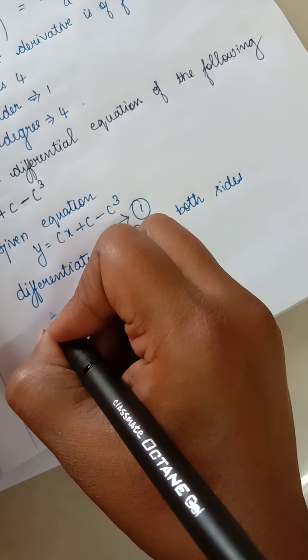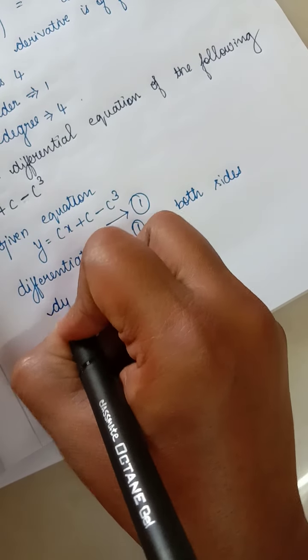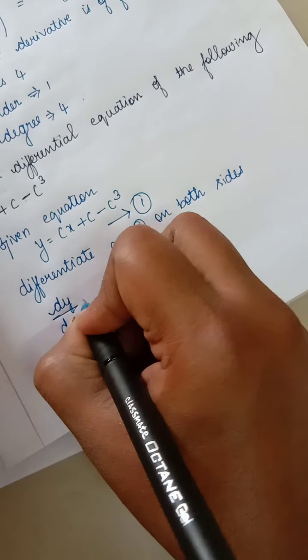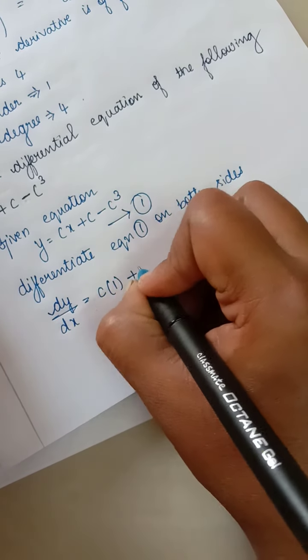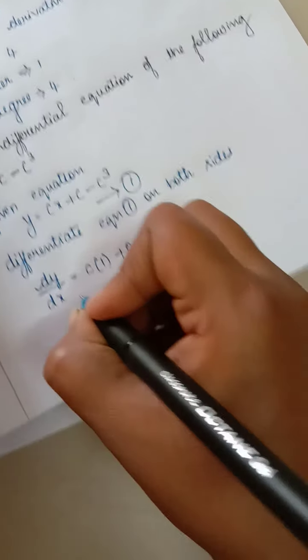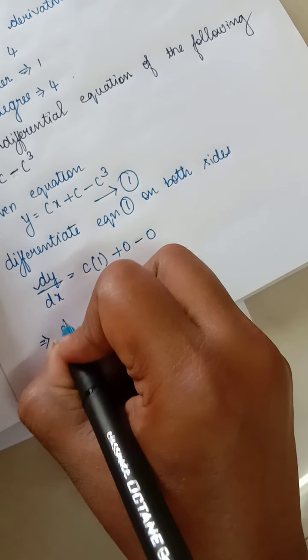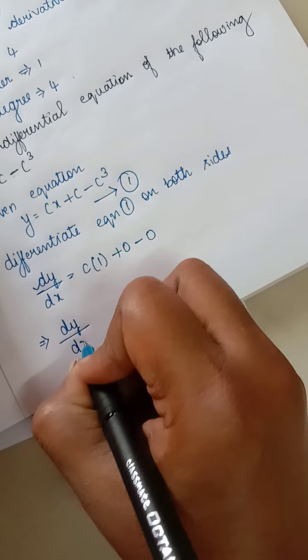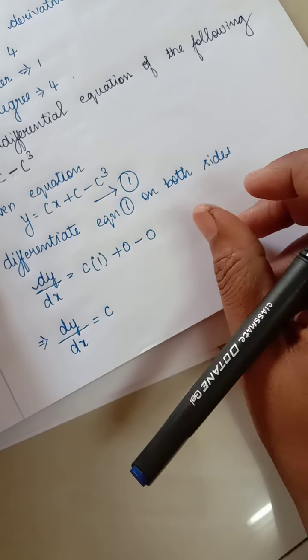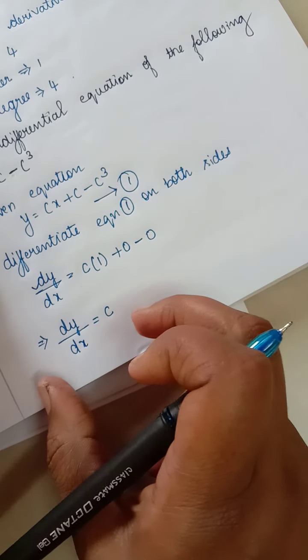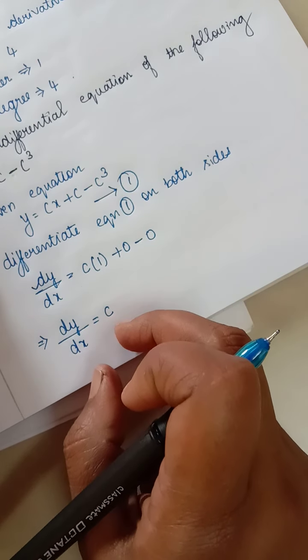What will you get? dy/dx = c into 1 plus 0 minus 0. So that implies dy/dx = c.